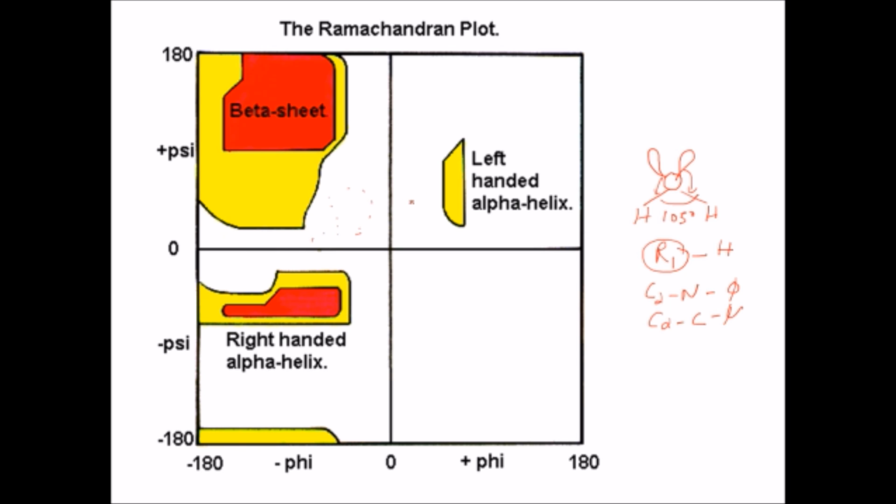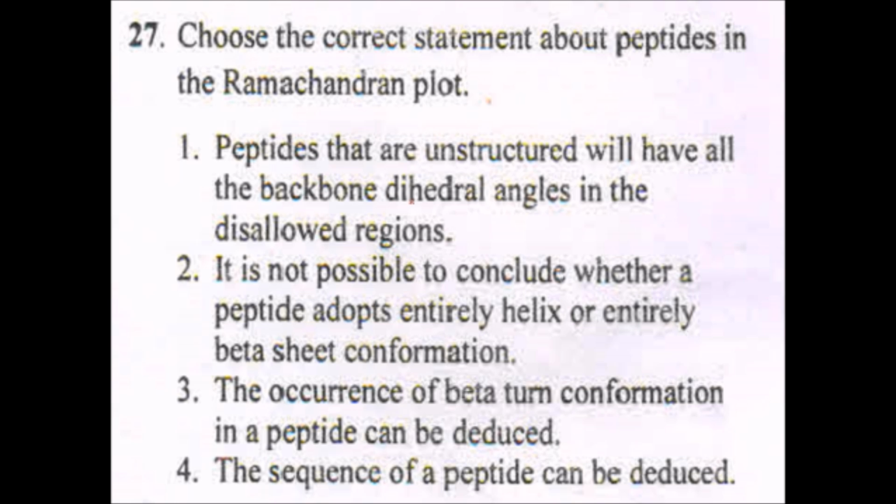So now back to the question. Again, you come to the options. The peptides that are unstructured will have all the backbone dihedral angles. And what were dihedral angles? Sorry, I forgot to tell you. The phi and psi angles are known as dihedral angles. In the disallowed region, you come to know about the disallowed region.